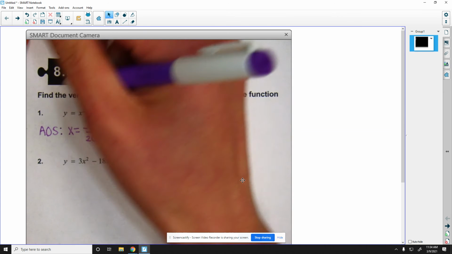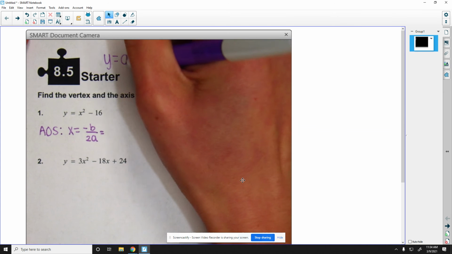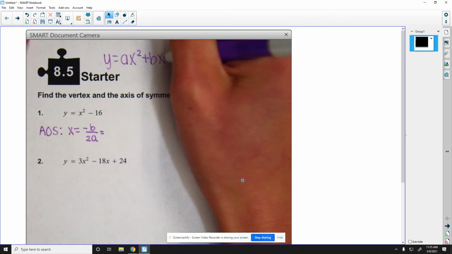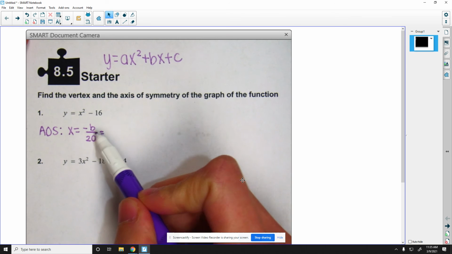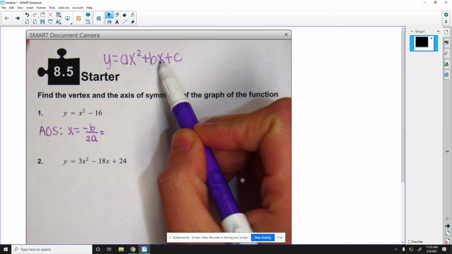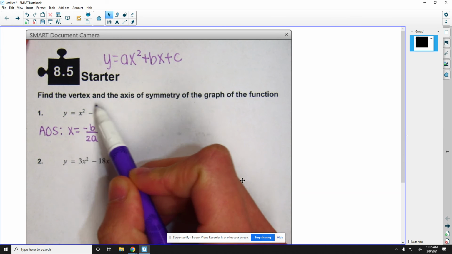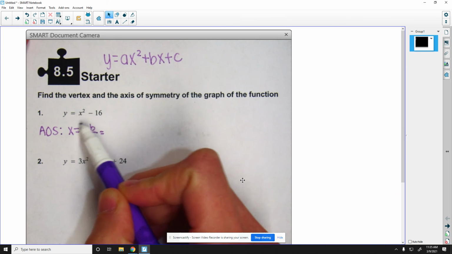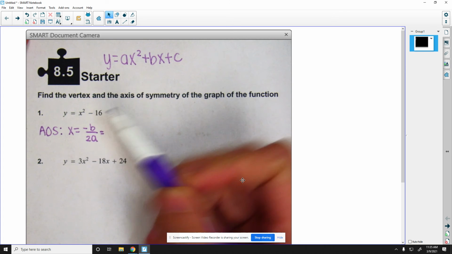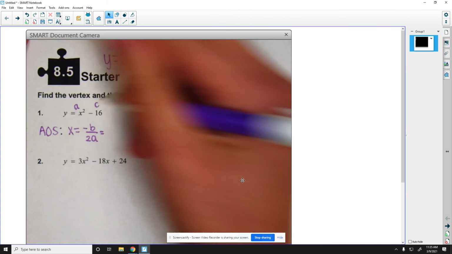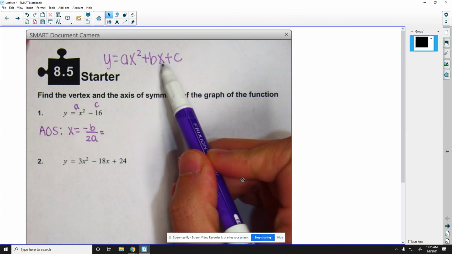And remember, standard form is y equals ax squared plus bx plus c. So negative b. B is the number that's connected to the x, just the single x. So what number here is b? There is none. So what number is it? 0. You see how there's only an a and a c? There's no b here because there's no single x here.